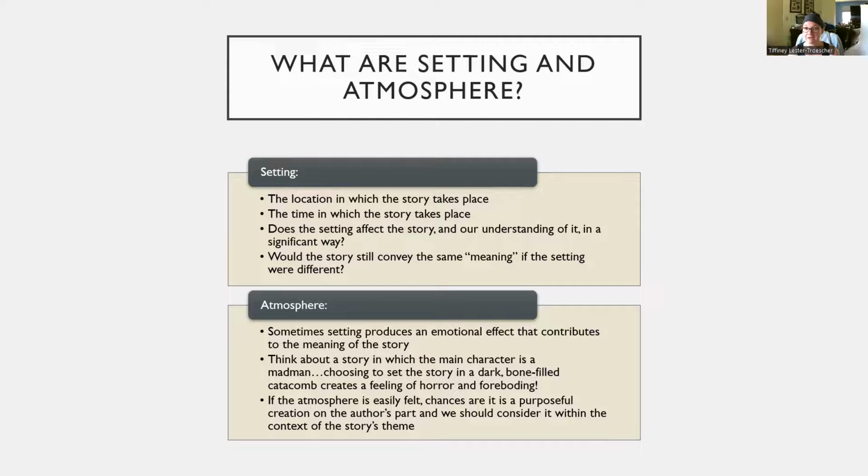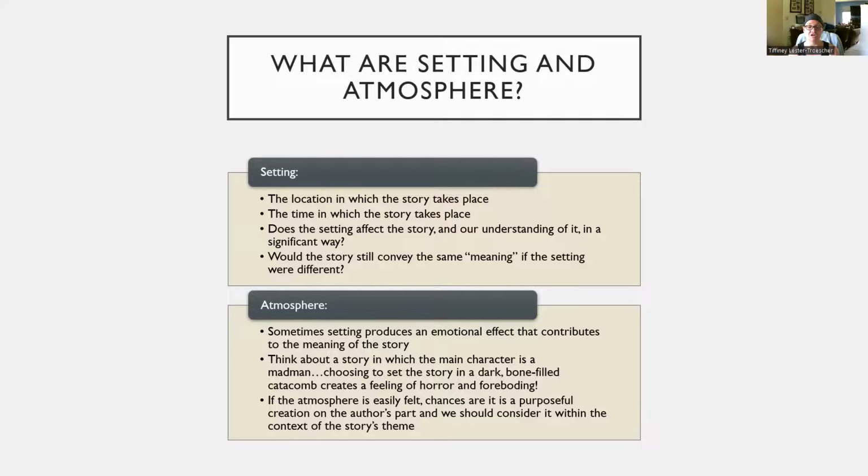So you want to be thinking about that. Every short story we read, where and when is this story taking place? Would it be different or the same if it were told in a different time and place? And if there would be a difference, what does that tell us about how we're supposed to view this story?